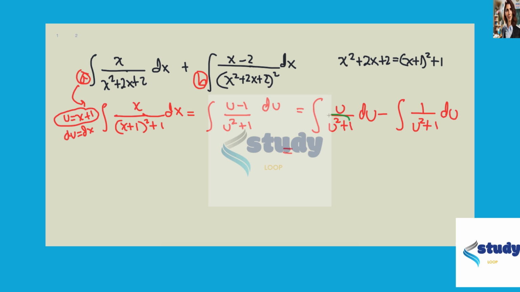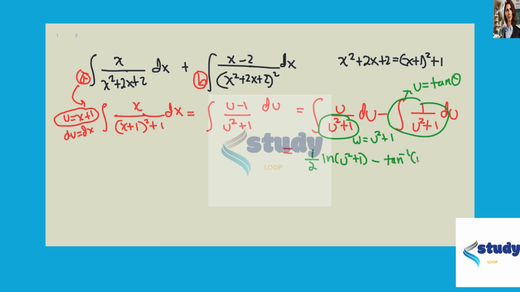Here, you go ahead and do another u sub. So integrating this, we should get 1/2 natural log of u squared plus 1 minus, and over here, you can do a trig sub, and we get tan inverse u.